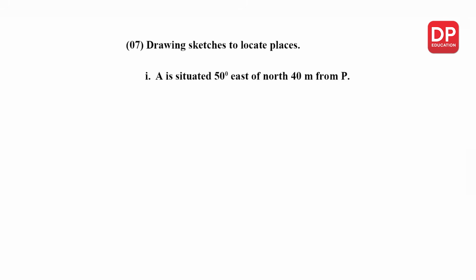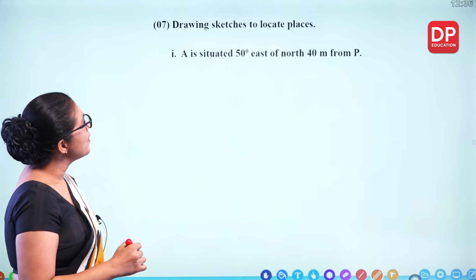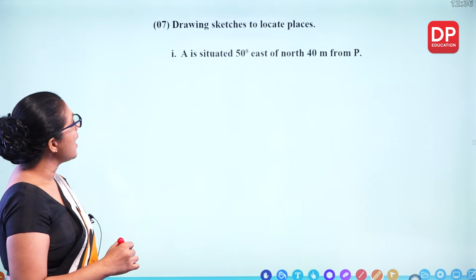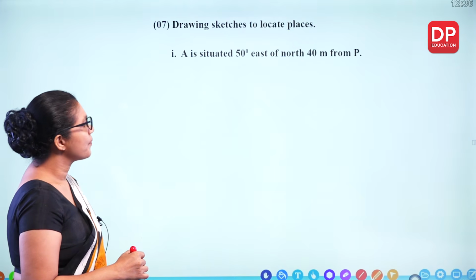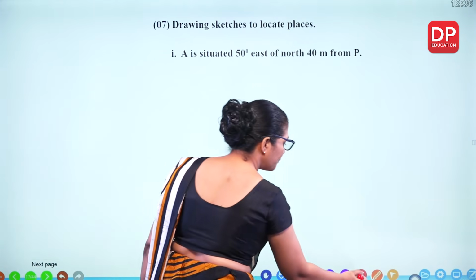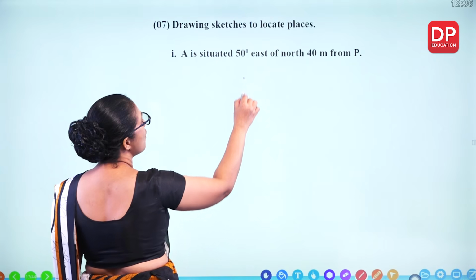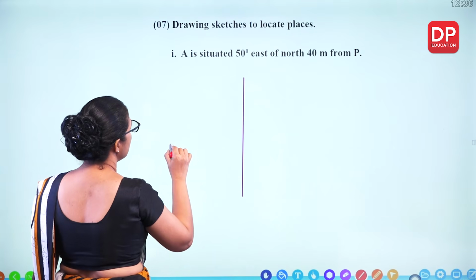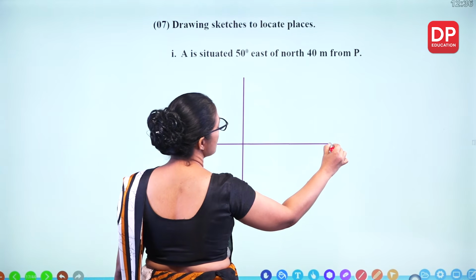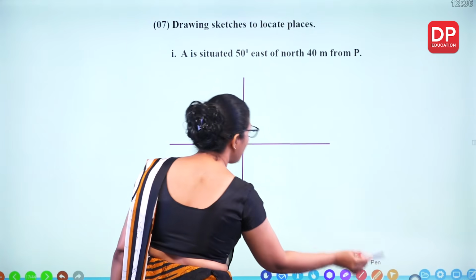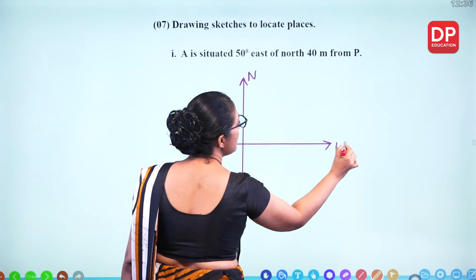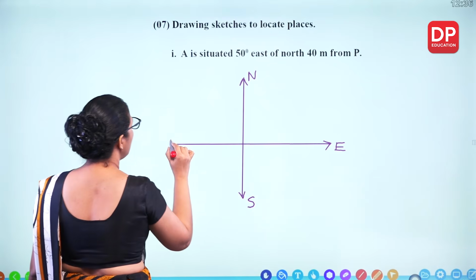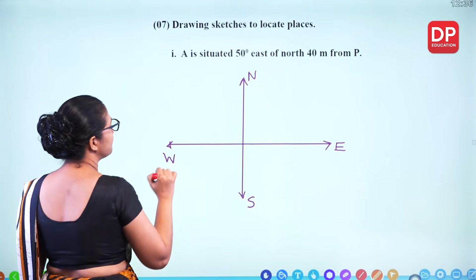Drawing sketches to locate places. Now we'll try to draw the diagram. A is situated 50 degrees east of north. First we draw the main directions, and we mark north, east, south and west.